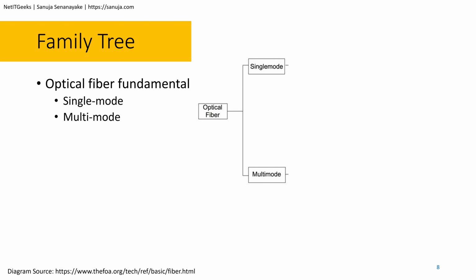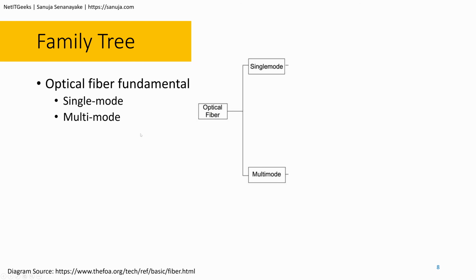So I'm going to introduce a little bit about the family tree of optical fiber systems. This is basically the fundamentals of how we break down the family tree, but I'm not going to go into depth on how they are different from each other. I will give a brief overview in the next few slides.